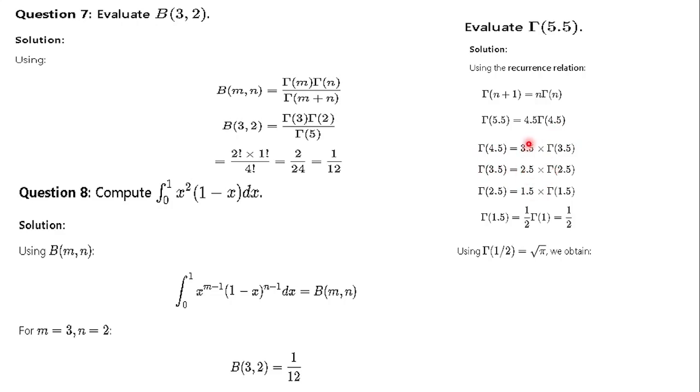At the end of the day, you're going to have 4.5 times 3.5 times 2.5 times 1.5 times half. So when we put this substitution here, our final answer will be 4.5, 3.5, 2.5, 1.5, and pi. When you do this, you get your final answer. Is that clear? Yes, sir.